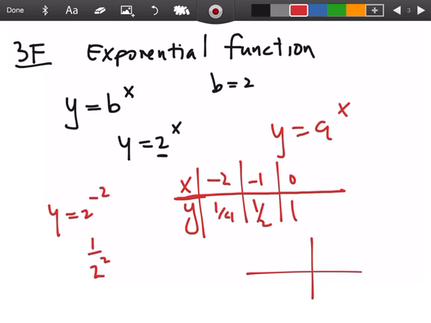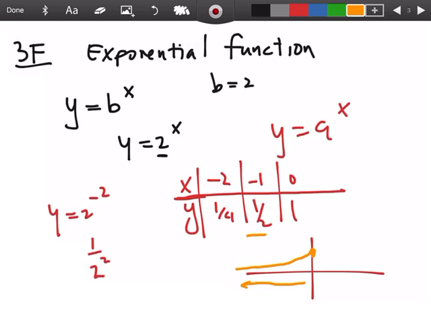When we graph it, you can find the y-intercept. Typically for the most basic one, it's always going to be right there, because when x is 0, whatever you raise your base to, whether it's 2 or 3 or 4, it's always going to be 1. That's kind of cool. Then as x gets negative, you're getting smaller and smaller fractions, never quite making it to 0.